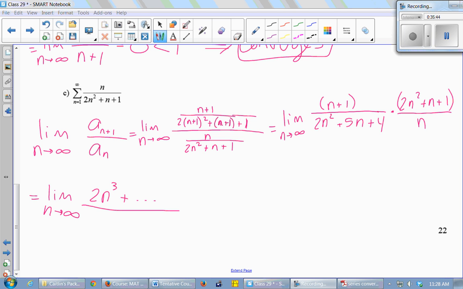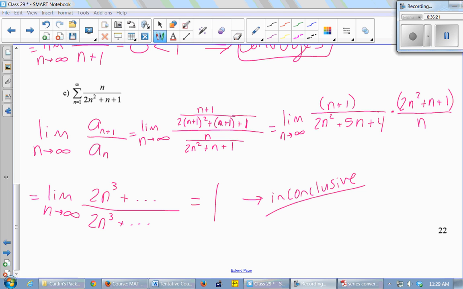Okay, and then in my denominator, distributing this n to 2n squared plus 5n plus 4, my highest degree term is going to be a 2n cubed, plus a bunch of lower order terms that don't really matter when I take the limit. And so the limit as n goes to infinity of 2n cubed over 2n cubed is 1. So this test is inconclusive. So it's a lot of work for nothing.